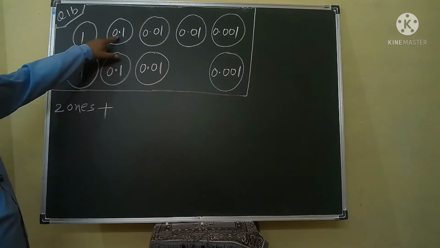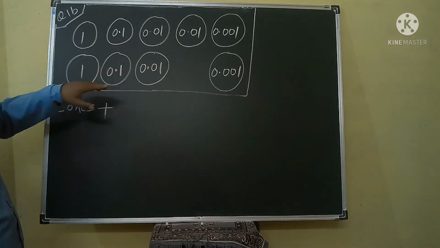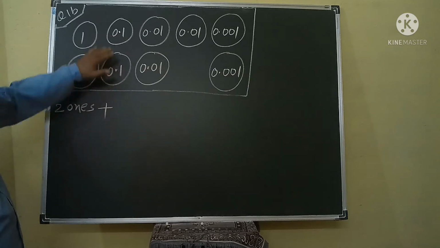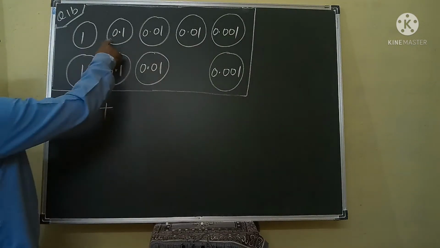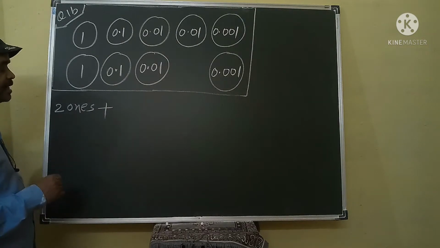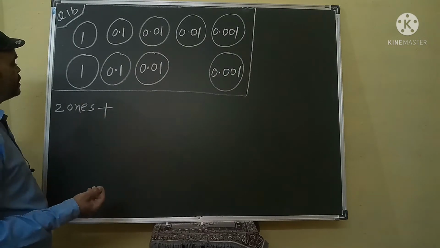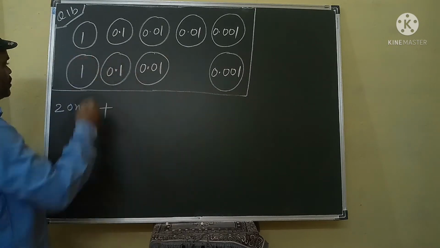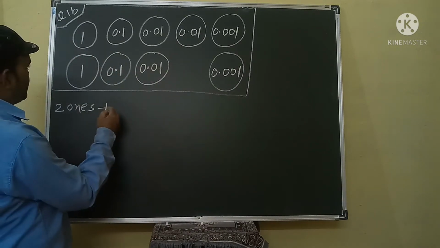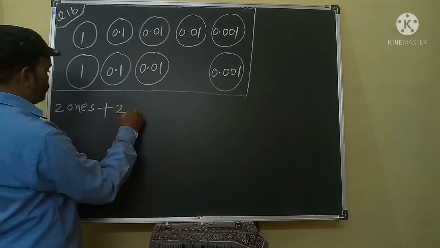That means 0.1 is in 2 times. So we can write here 2/10.